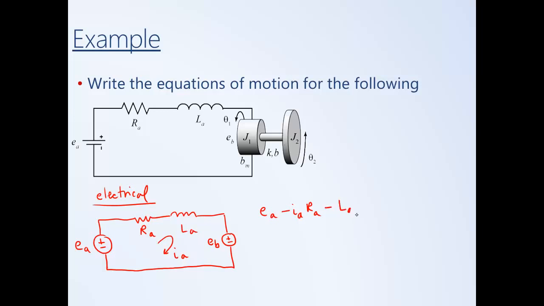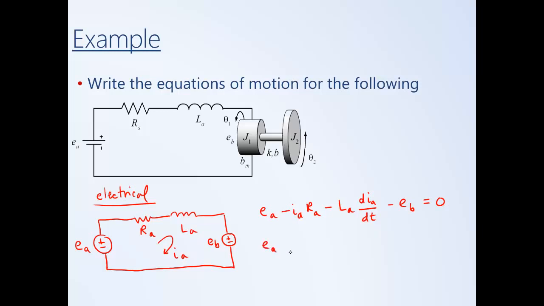Then we'll have the drop across the inductor, where the voltage across the inductor is proportional to the time rate of change of the current. And then we'll have the drop due to the back EMF, because the polarity of the back EMF opposes the polarity of the supply voltage. At that point, we're back to where we started, and so the total change in voltage around the loop is 0.